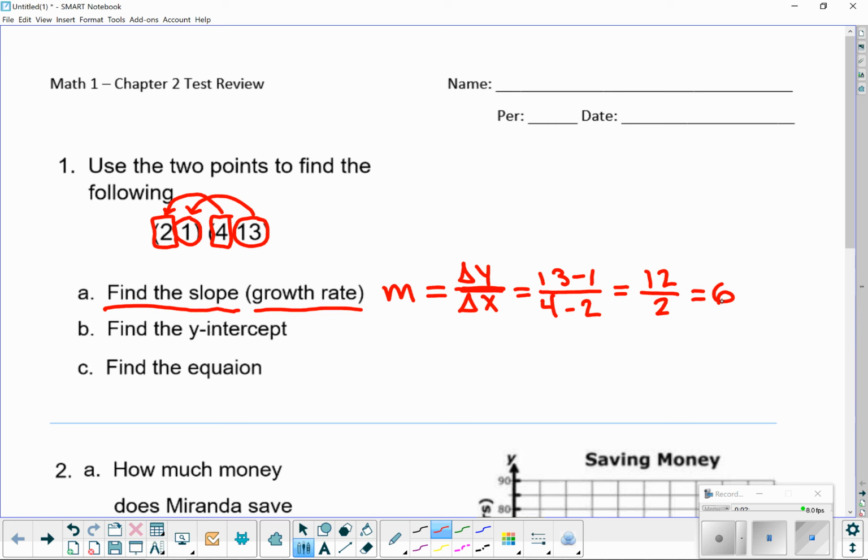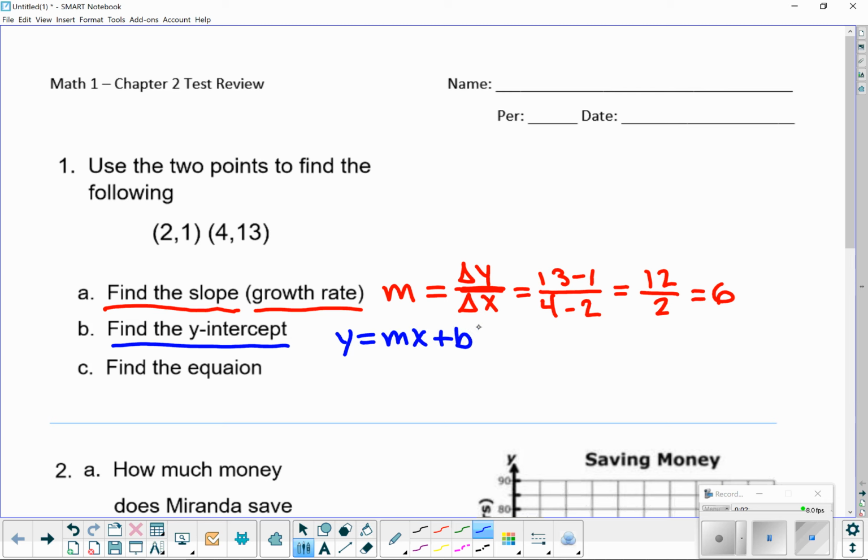Okay, y-intercept. To do the y-intercept, you're going to put your slope into the slope-intercept form. The y-intercept can be found by using the equation y equals mx plus b.